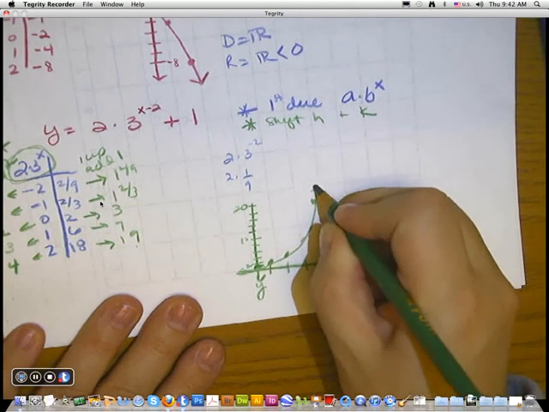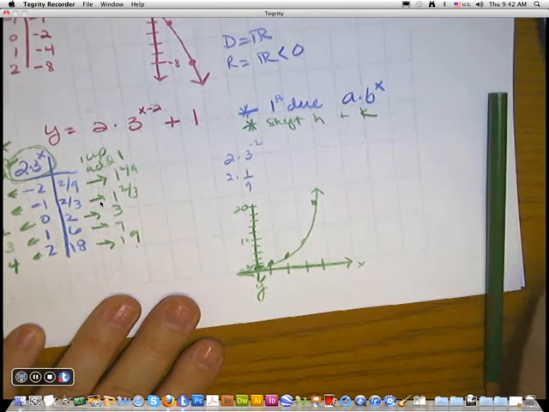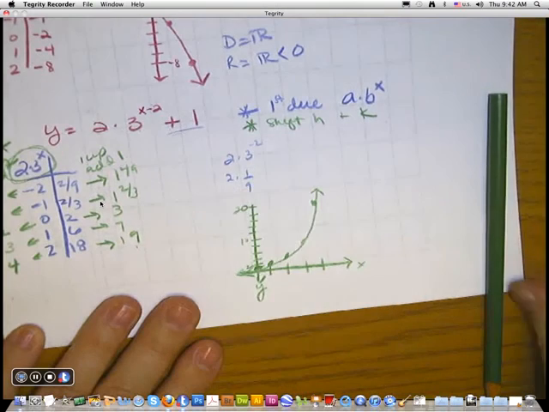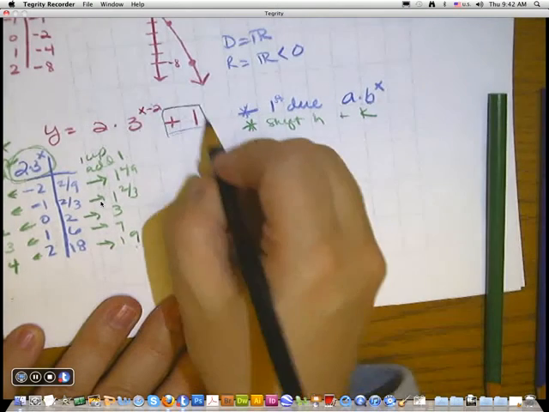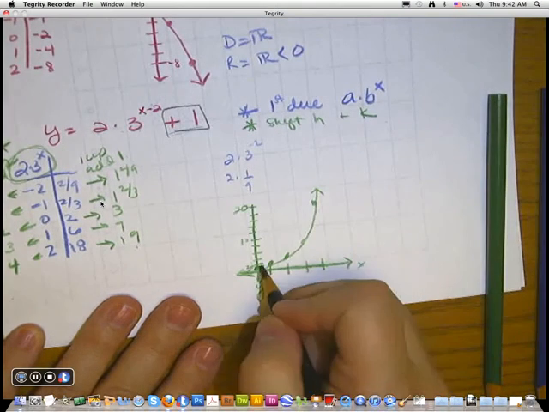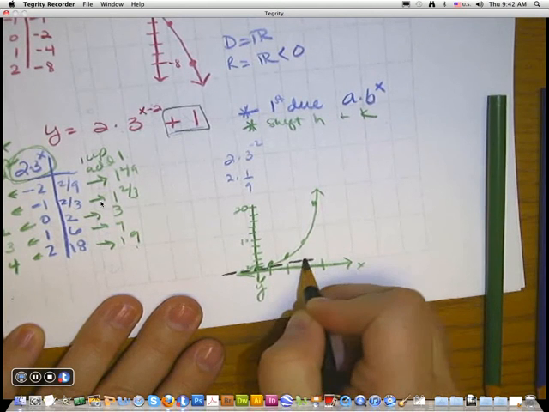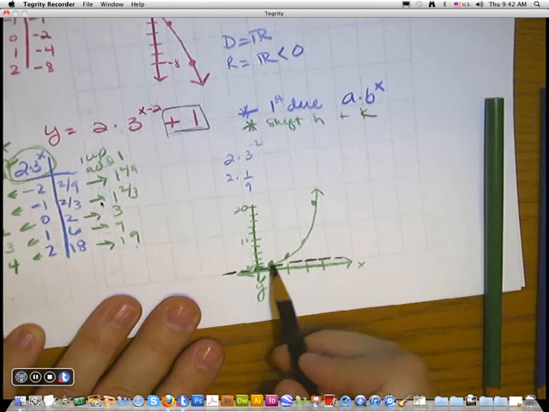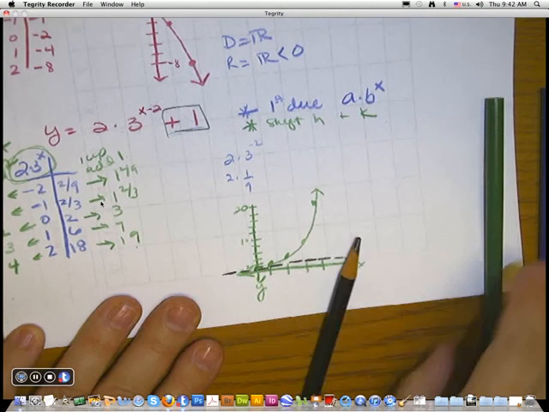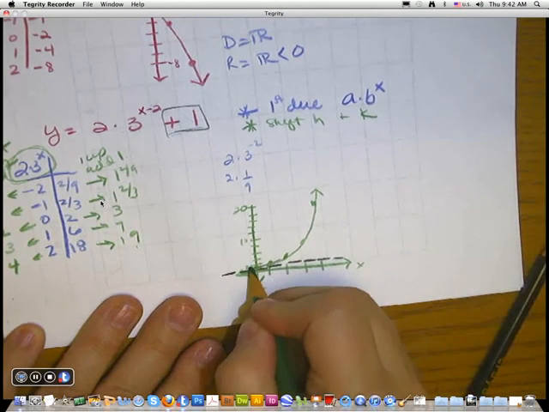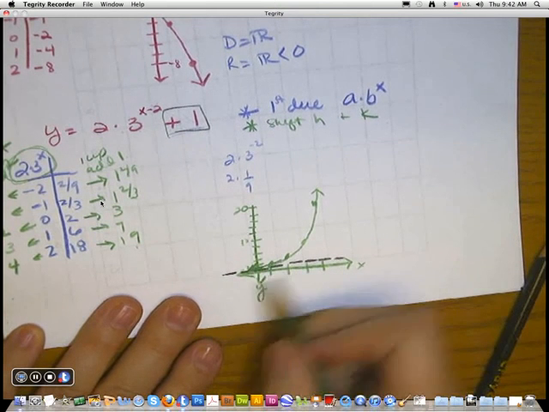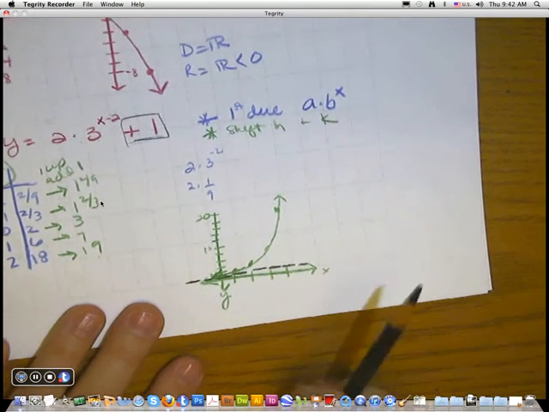Connect the dots with arrows. The asymptote is 1 though. So I need to go back here and make sure my asymptote is at 1, which is below all of my points. So when I'm connecting my points, I need to make sure that they're above my asymptote.